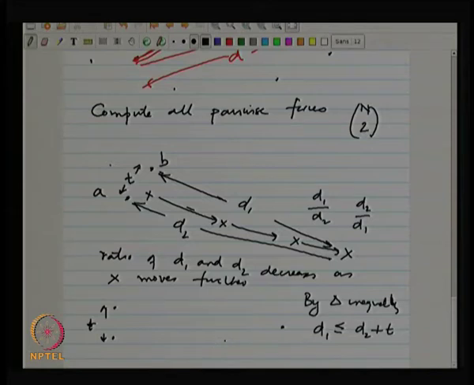The question is that if you are looking at some kind of approximate nearest neighbor, okay.